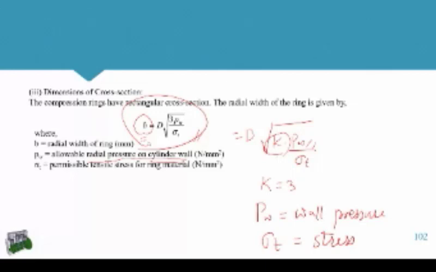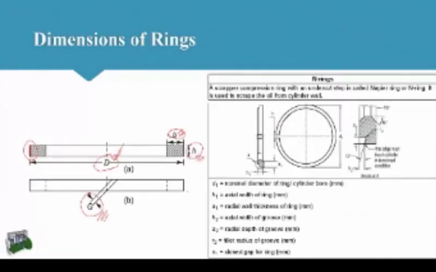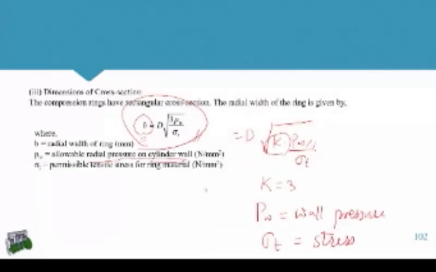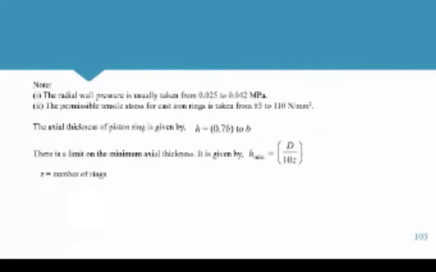Okay, after B is calculated, you have to select the axial thickness H. So the radial thickness was calculated from this formula, whereas the axial thickness is taken as 70% to 100% of B. It means the axial thickness H is taken as 0.7 to 1 times the radial thickness.